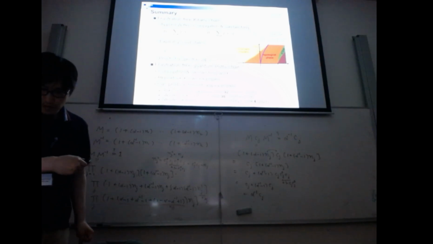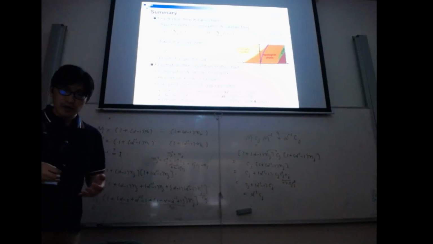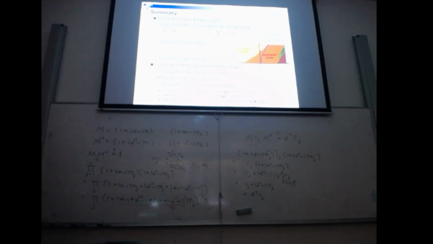Okay, it's almost the time, so let me summarize my talk. So today I focused on frustration-free parafermion chains. And by starting from a non-interacting and frustration-free parafermion chain, you can construct an interacting and frustration-free parafermion chain. And here's the expression for the ground state, and it's basically a coherent state of Fermi operators.